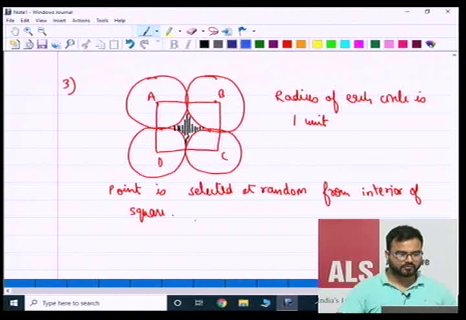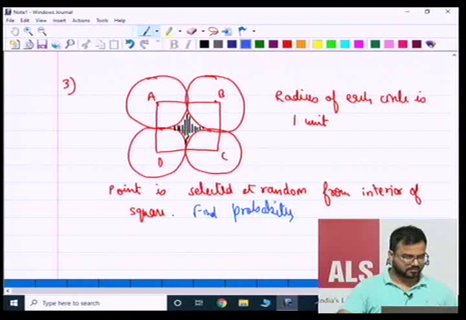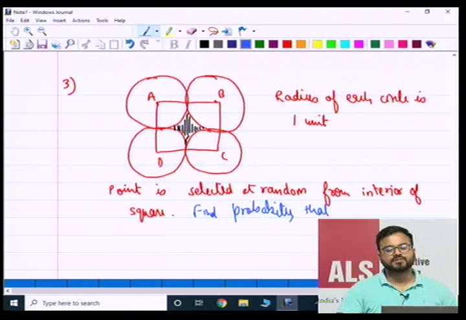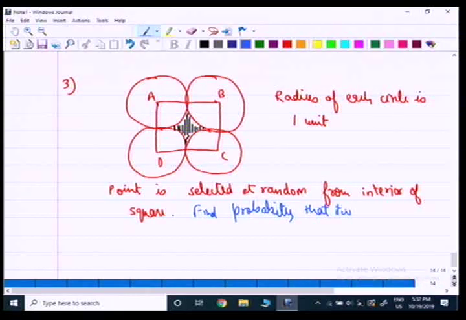So what we have to do is find the probability that it will be from the shaded region. All the circles are of radius 1 unit. We are selecting one point from the interior of this square.